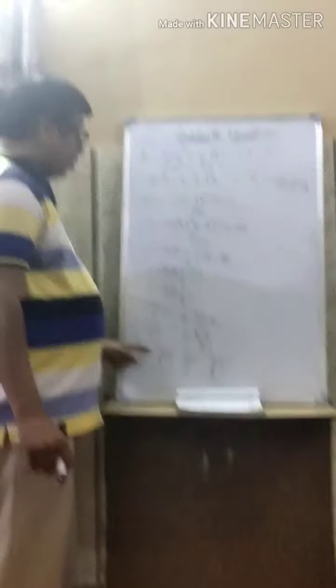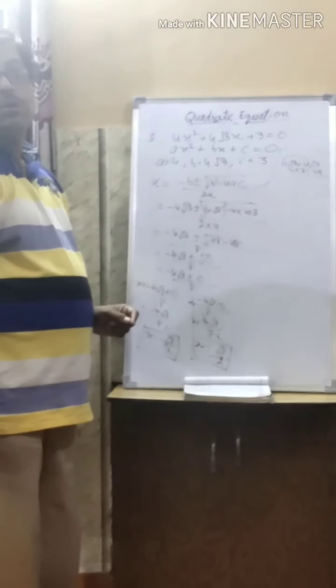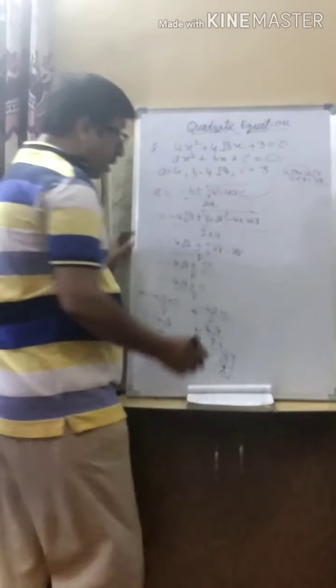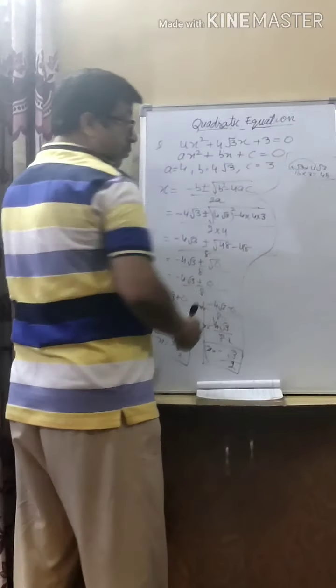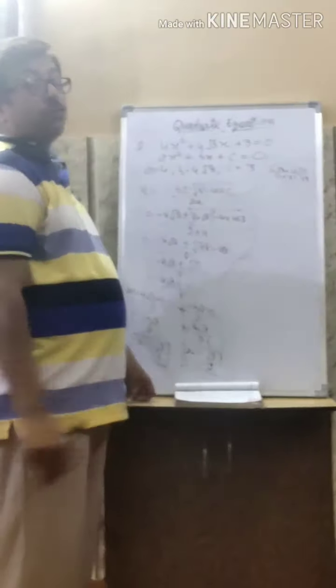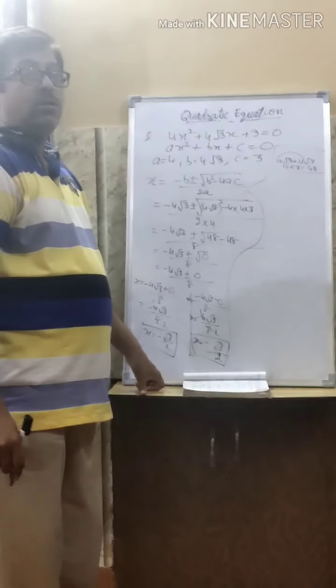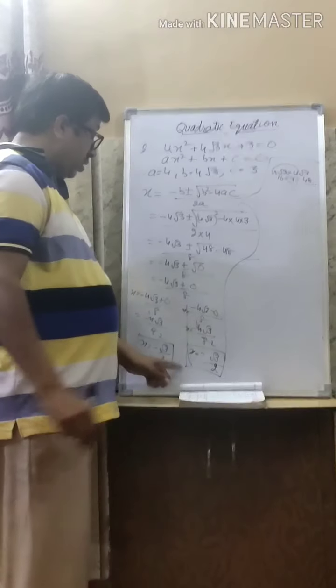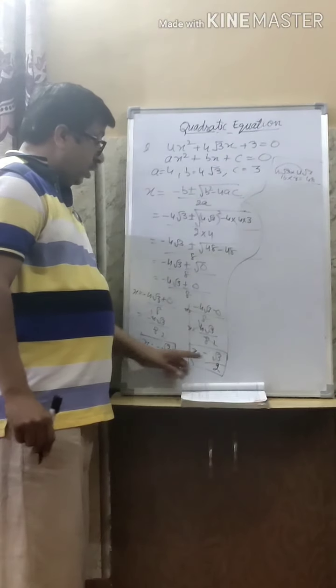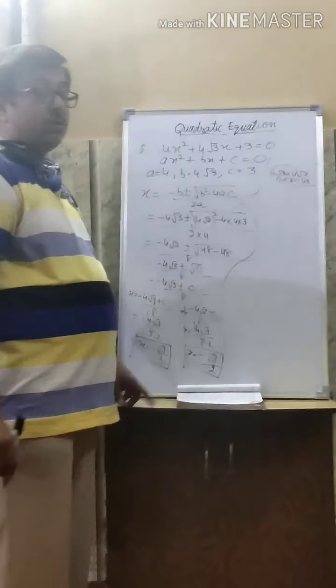Power is 2, so two roots will come. Before, in the last sum, we solved by quadratic formula and you got two different answers. But here, you are getting two same answers.